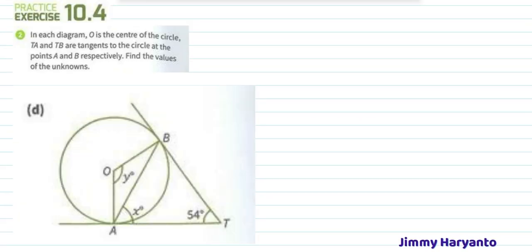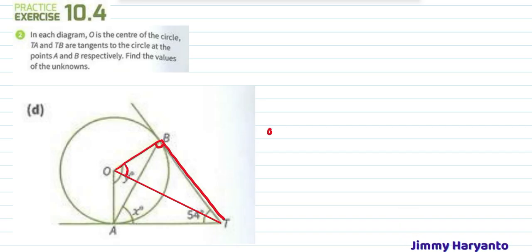Next is question 2d. For question 2d, I want to separate it like this. And this one is tangent and radius. That means this one is 90 degrees. Okay. And then I want to use this triangle to find half of the y. That one will be 180 minus 90 minus 27.